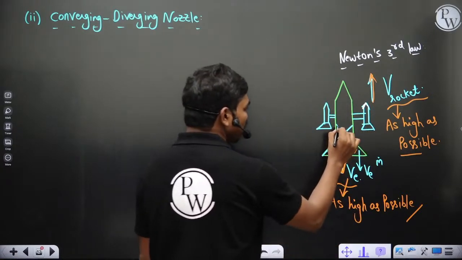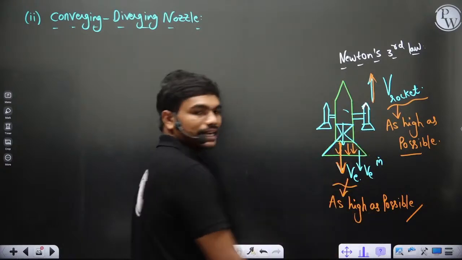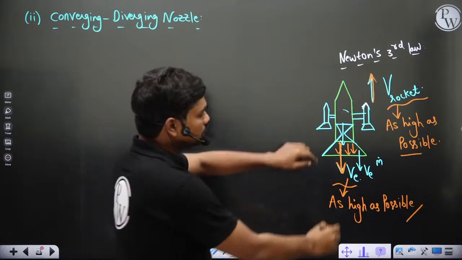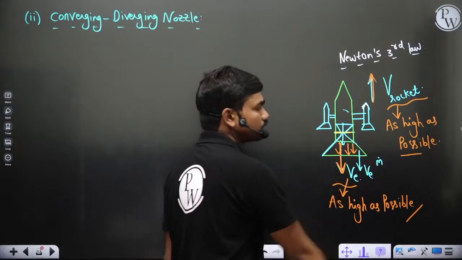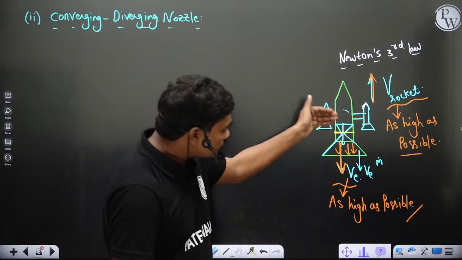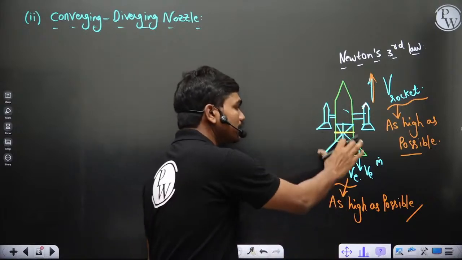In these nozzles, maybe combustion is happening somewhere here and the exhaust gases are flowing in this direction. Practically, once it reaches the limit of Mach equal to 1 at this throat, then for further increase in the Mach number, for further increase in the velocity, you make this a diverging section.